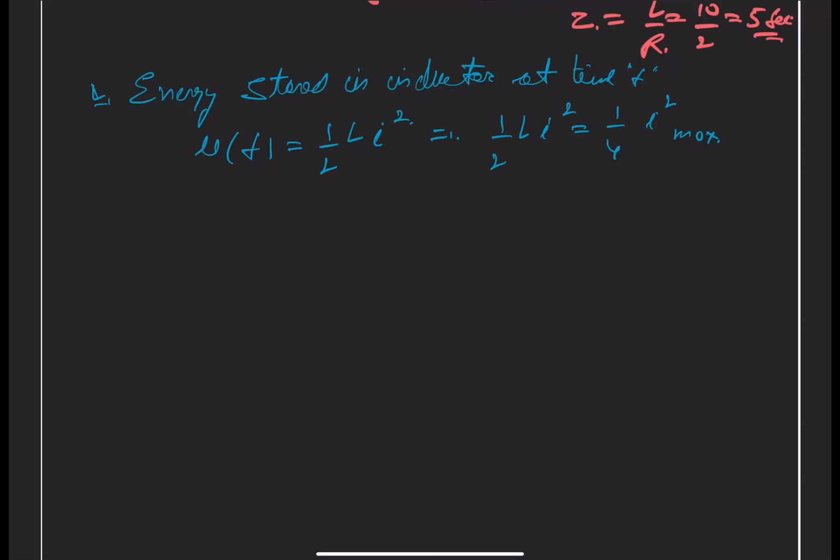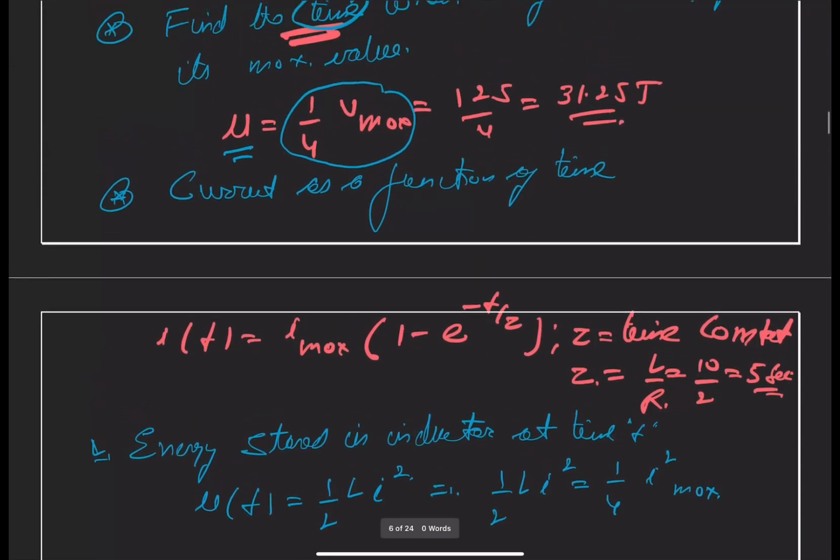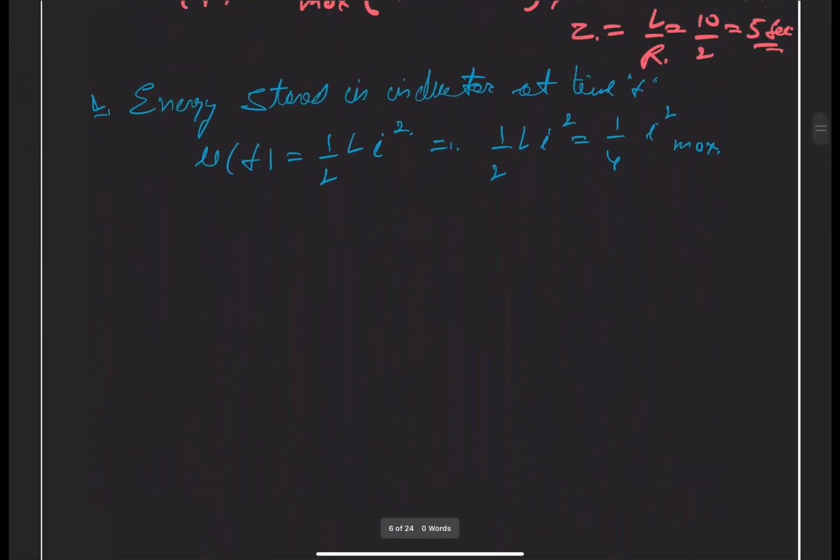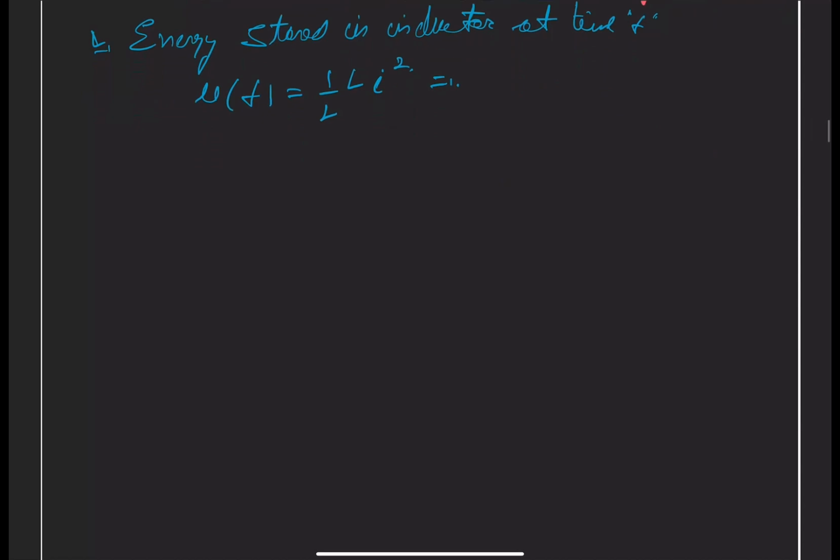So from here, let me correct it. We can say that our half Li square will be equal to 1/4 multiplied with the maximum energy, and the maximum energy is given as half Li square at its maximum value.